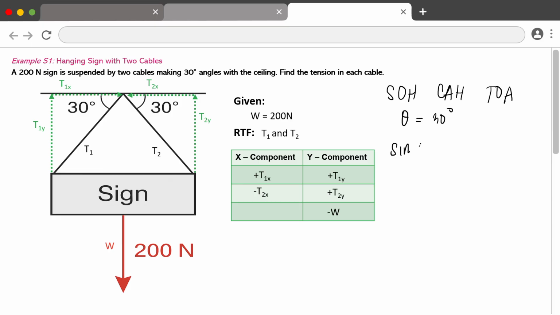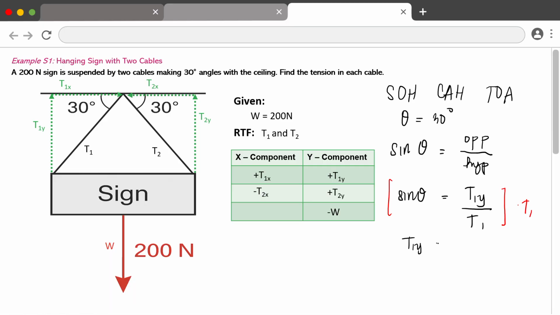If we take sine theta, then it's simply equal to the opposite side over the hypotenuse. The opposite side is T1y, and the hypotenuse is T1. If we multiply both sides by T1, we find that T1y is simply equal to T1 sine theta.